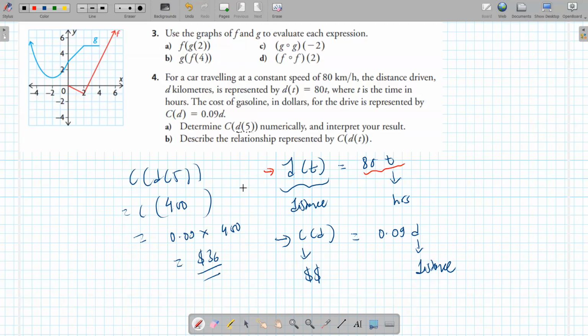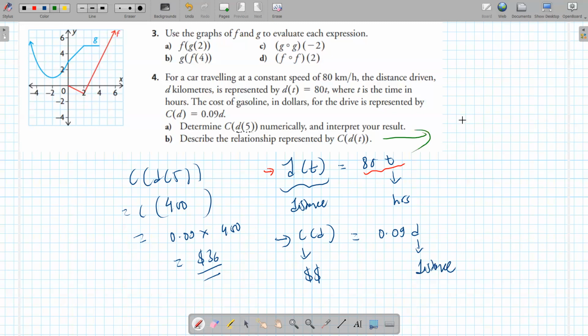Part B says, describe the relationship represented by C of D of T. So what does that represent? You can call that C∘D of T or C of D of T. It basically gives you the cost depending on the hours.